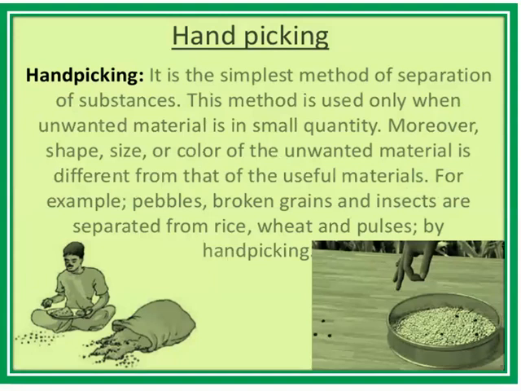This method is used only when unwanted material is in small quantity. Moreover, the shape, size, or color of the unwanted material is different from that of useful materials and can therefore be easily picked and removed.